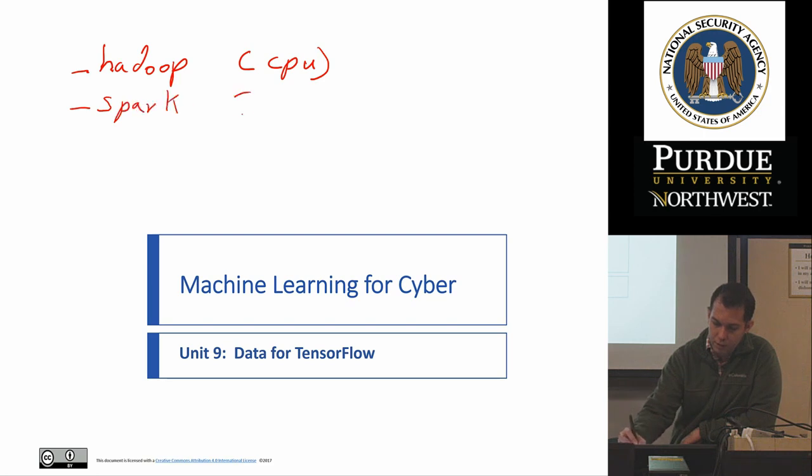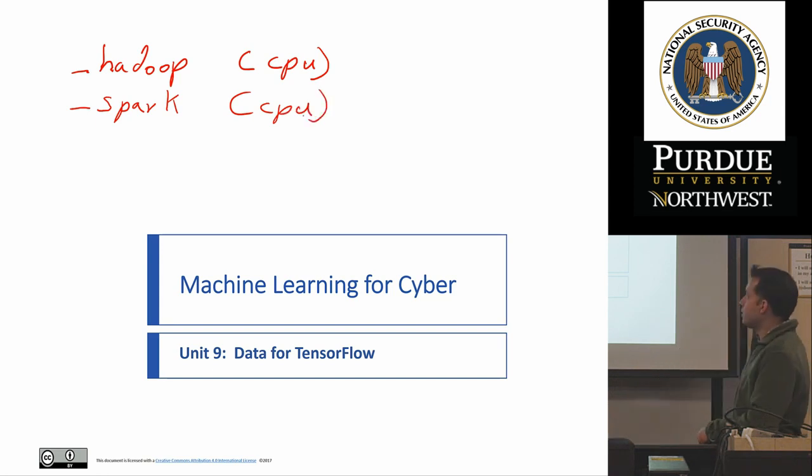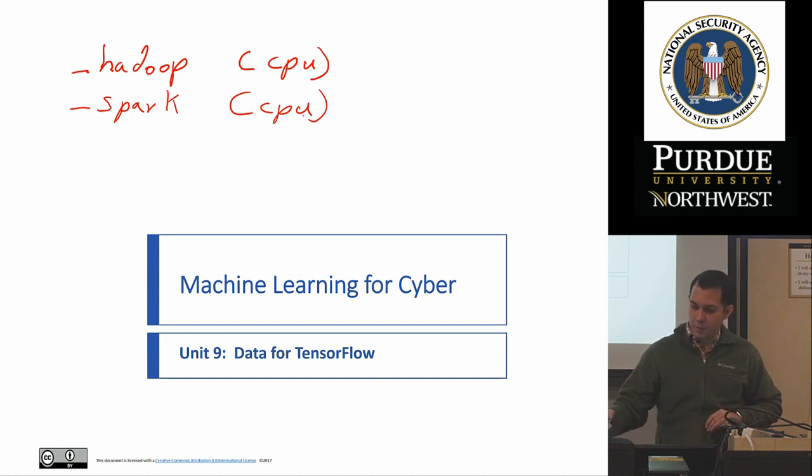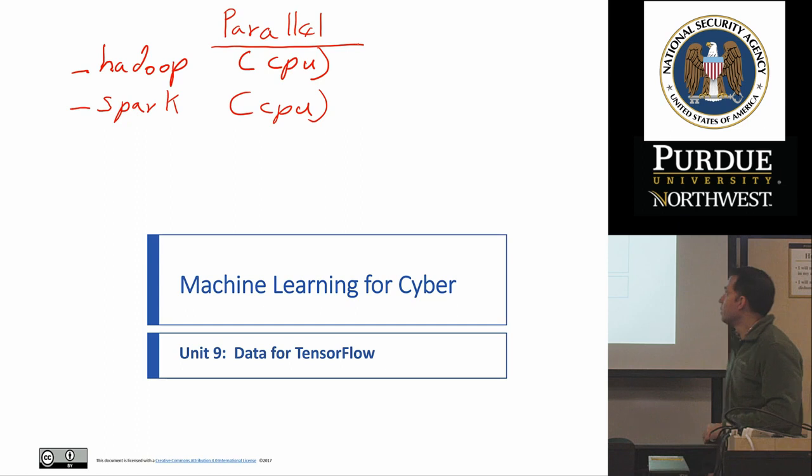And Spark is also, you think of it mainly as a CPU type of environment. Spark can be used with Hadoop, but it's a way of doing parallel. So all of these fall under the topic of parallel. Right, so parallel alternatives, right?